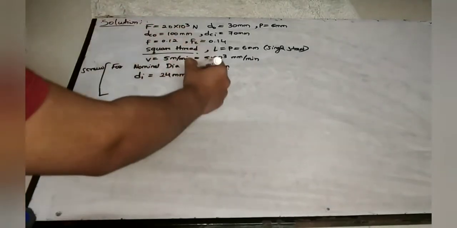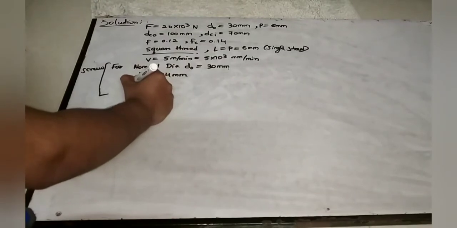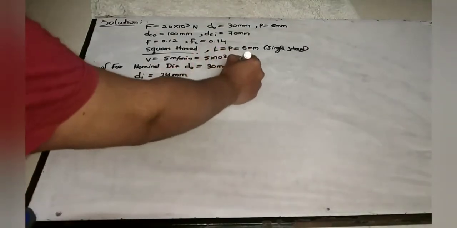I have written this from page number 118, table 9.9. So this is the data related to the screw. D0 is known, Di is known.